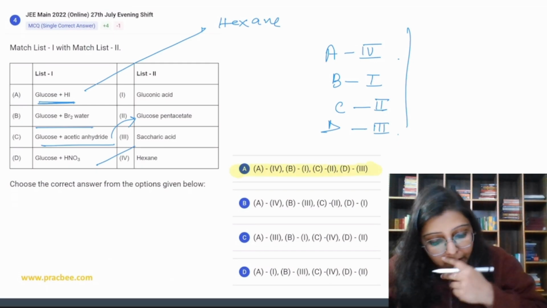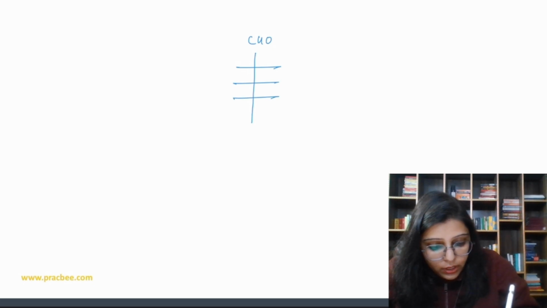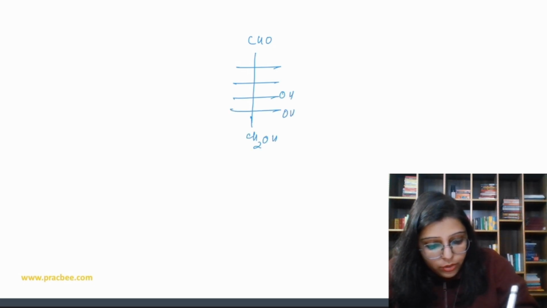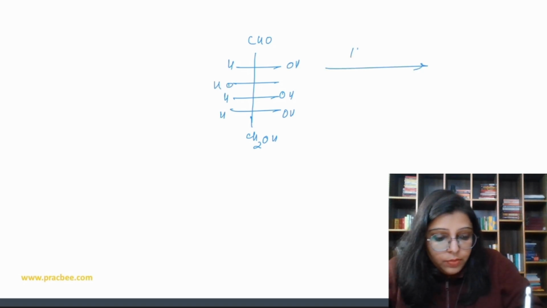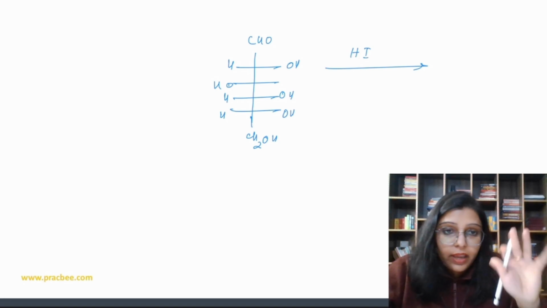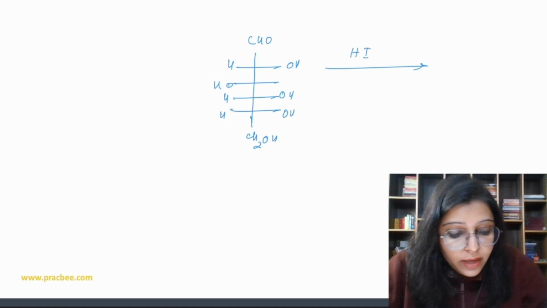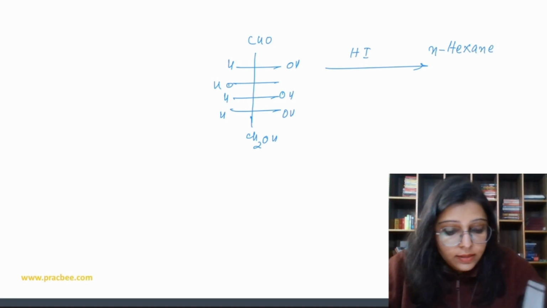Let me tell you all the reactions. We have glucose, which is basically CHO, then 2, 3, 4, here CH2OH, OH and OH, H. In the presence of HI, every functional group is going to be reduced and we get hexane.